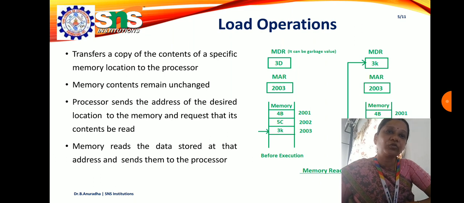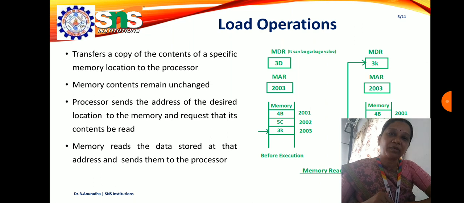Before execution, you can see the MDR holds data, 3D, which is already available in the MDR, and the MAR is holding a memory location, which means I am going to transfer that content to memory location 2003. During the operation, it will transfer a copy of the content to the specific memory location. So the content remains unchanged.